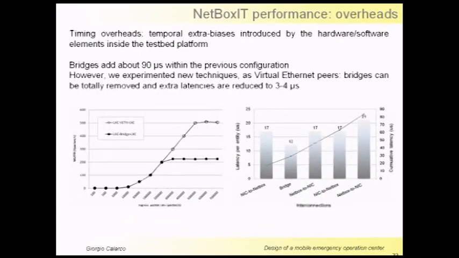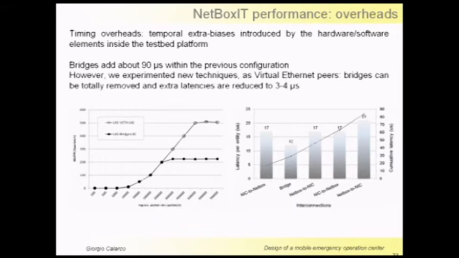And let me now move to some results that are important for the future. I showed you before that we connected emulators with bridges, software bridges, which are software elements out of the emulation scheme. And we measured the overheads introduced by each of these bridges, and we measured that they add about 90 microseconds of overhead.